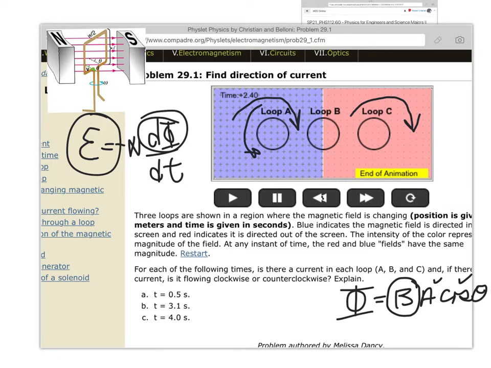But we're actually in the same direction. The field and the flux is in the same direction of the flux that we have because it's decreasing. So we're going to want to increase it.